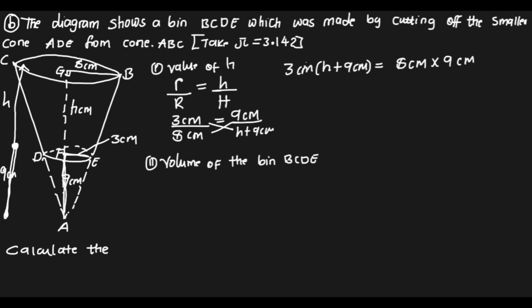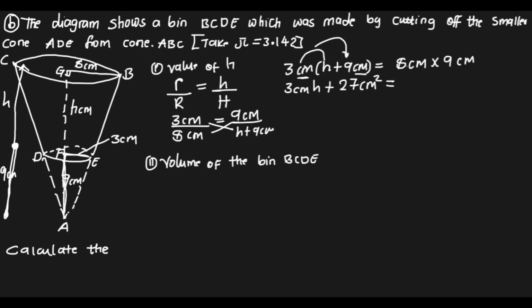So let's first expand. 3 centimeters times h is 3 centimeters h, plus 3 centimeters times 9, we get 27 centimeters squared, where the squared is coming from this centimeter and this centimeter.